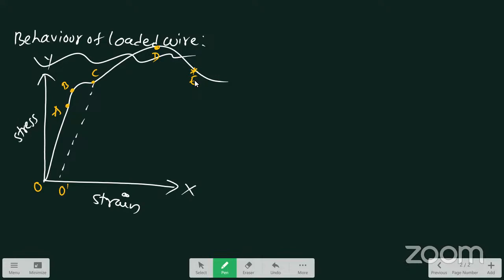Total 6 sidings, students. Number 1, A: proportional limit. What is the meaning of proportional limit? On increasing stress, strain and elongation also increase.